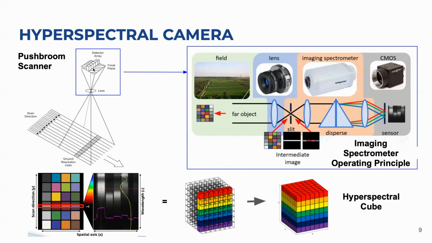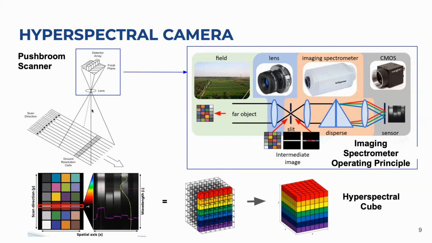So if you have a satellite or a drone flying over a field, essentially it's only seeing a line of the image, but because of its motion, you scan through and you can capture several lines and form the whole scene as you fly over the field.